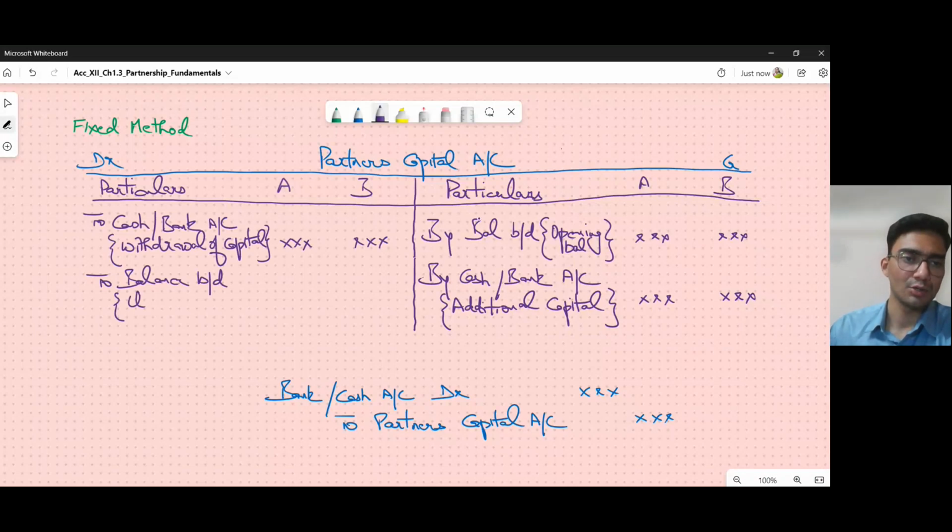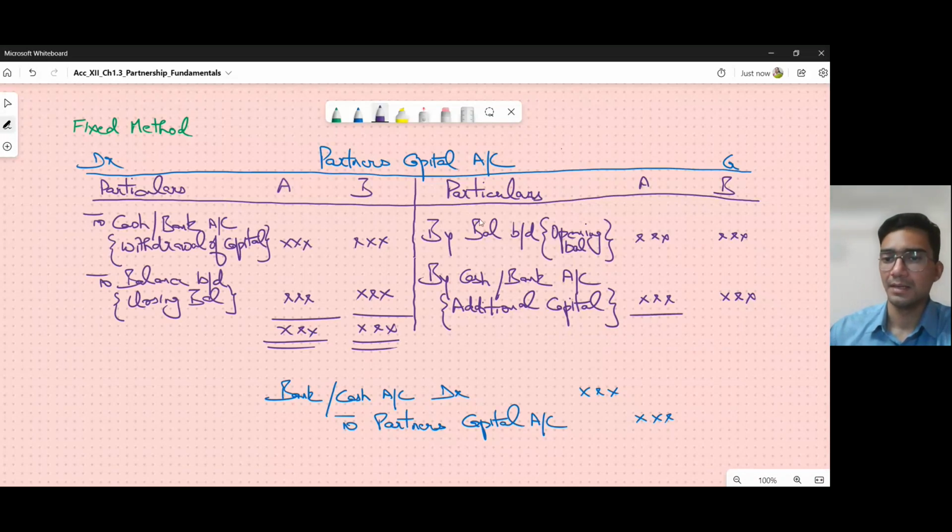This is going to be my closing balance, and I will write it under each of the partners. And I close this account.